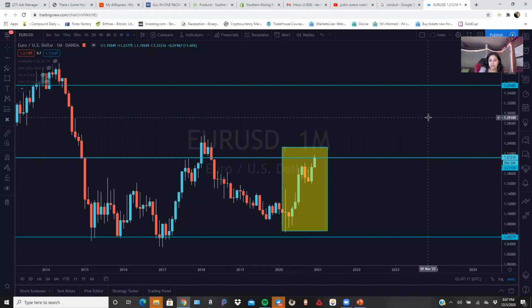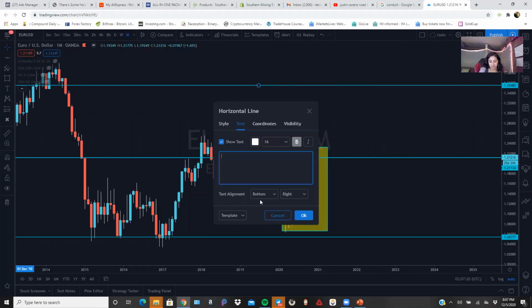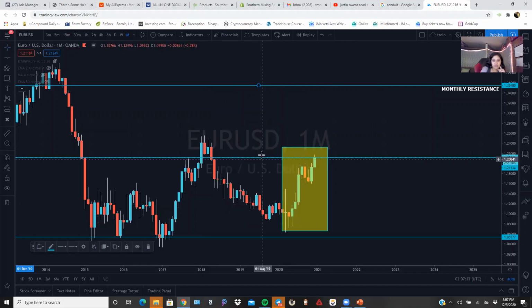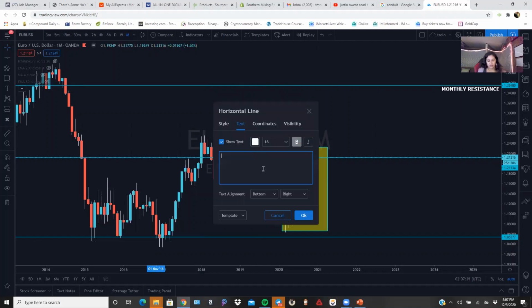Now, a good way to do this, you can label it, right? Go here, label it. Monthly resistance. That's monthly resistance and support.